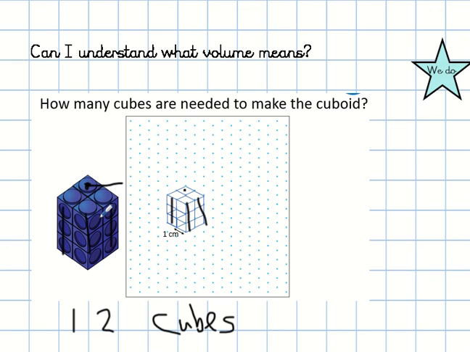Or another way to look at it is if we know that this part of the shape is going to be exactly half here, isn't it? If I draw it with some straight lines, it might show you better. So in big red, this half of the shape that I'm drawing around, all those cubes there equal 6 cubes, don't they?